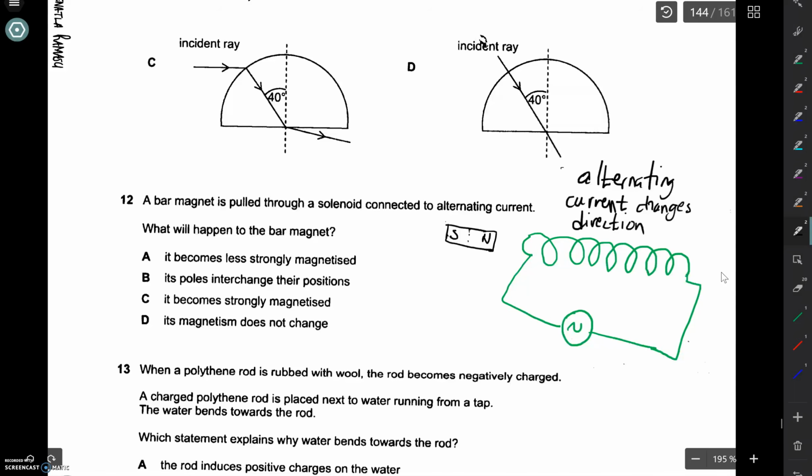The dipoles in the magnet will be messed up. So then this will reduce the strength of the magnet. So your answer should be A.